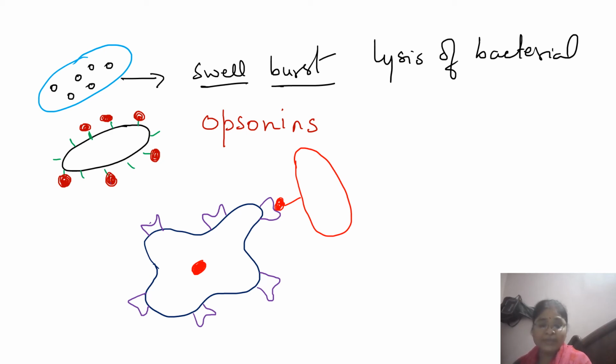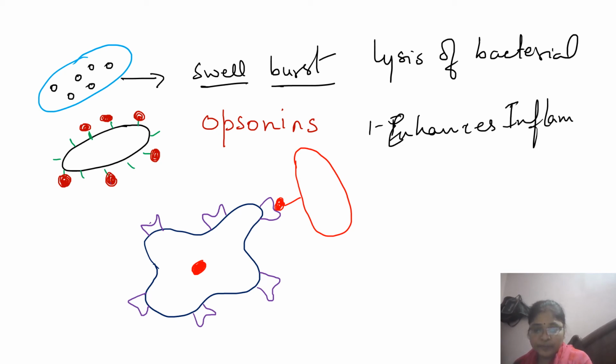So what the complement proteins are basically doing is complementing your immune response. First point, it enhances inflammation. Secondly, it attracts phagocytes.